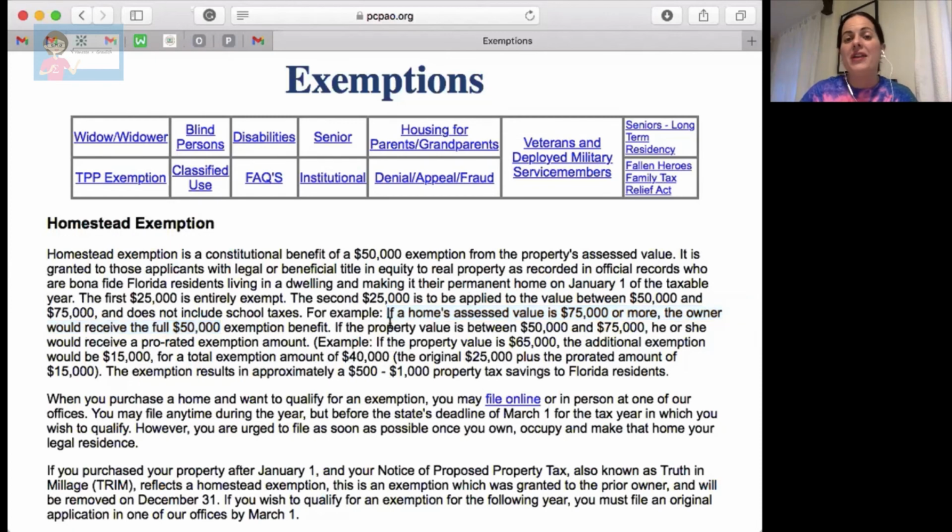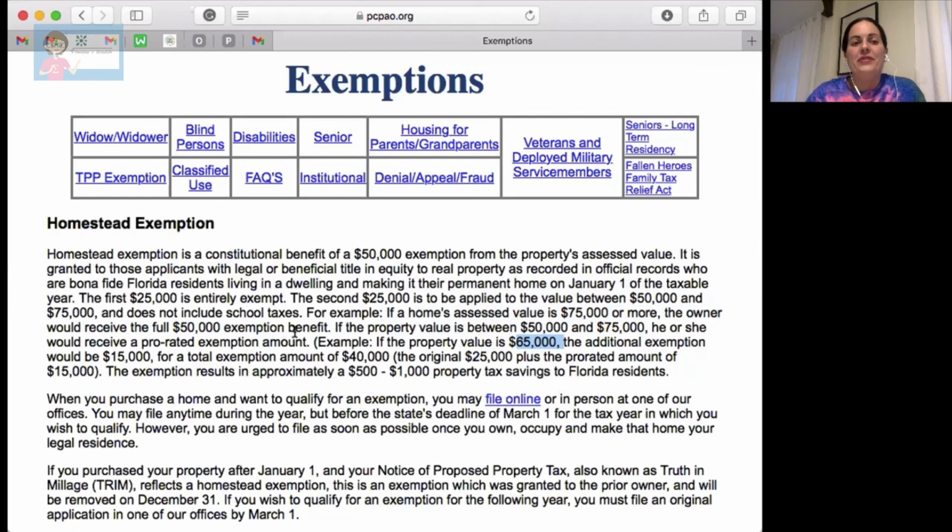Now, let's say that you have a house that is not $75,000, but it's actually $65,000. So remember, you're gonna get the $50,000 only if the home's assessed value is $75,000 or more, just like it says here. But if you have a house that is $65,000, what is going to happen is that they're going to basically say, okay, 65, and just like it shows here, if you do 65 minus 25, you're gonna get 40.